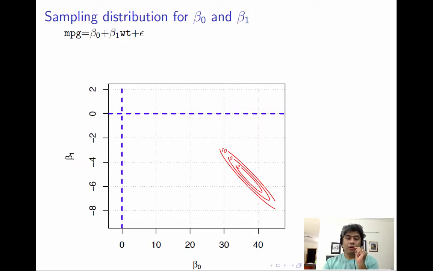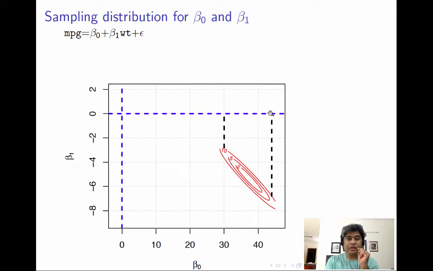Now what can we say about beta naught and beta 1 further? About 95% of the probability mass for beta naught is somewhere between 30 and a little more than 40, maybe 42 or 43.